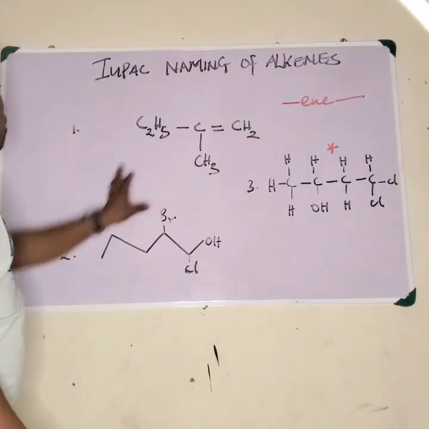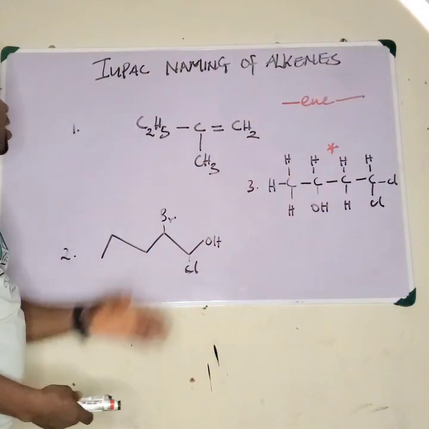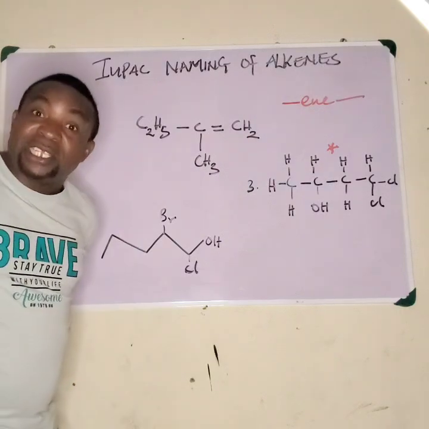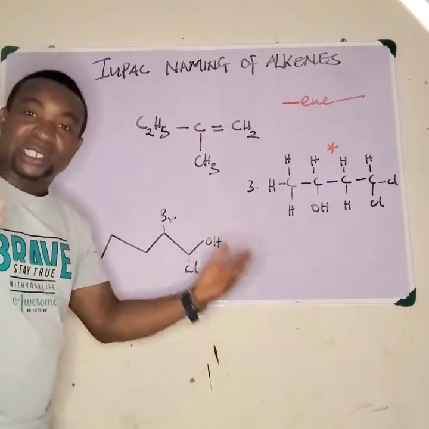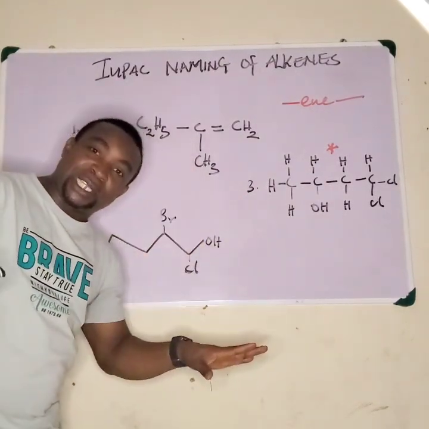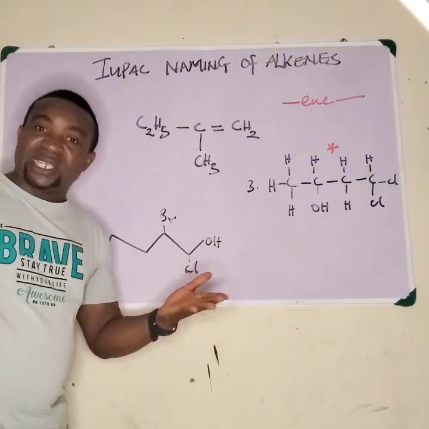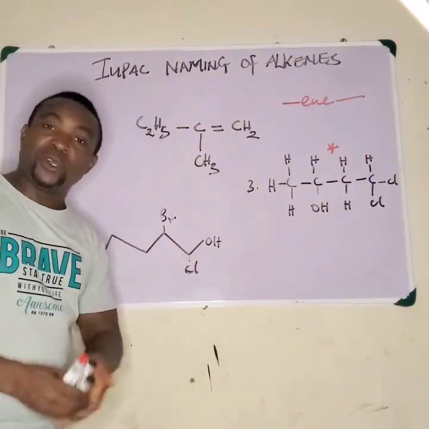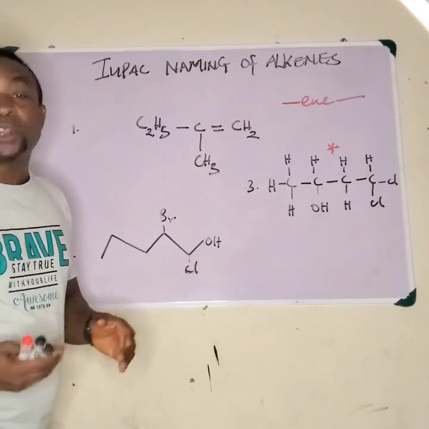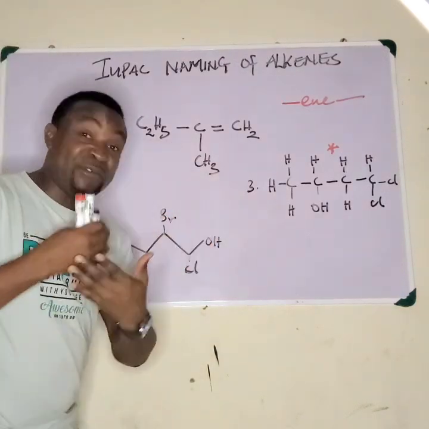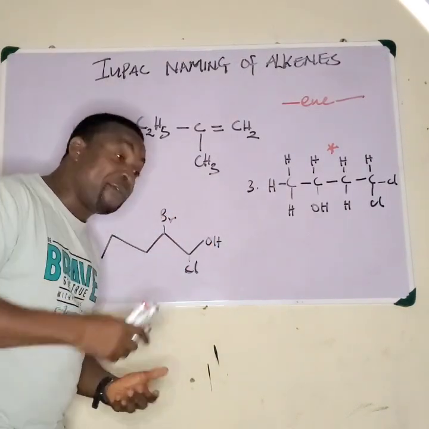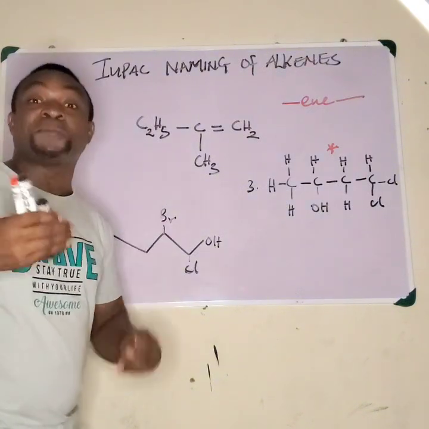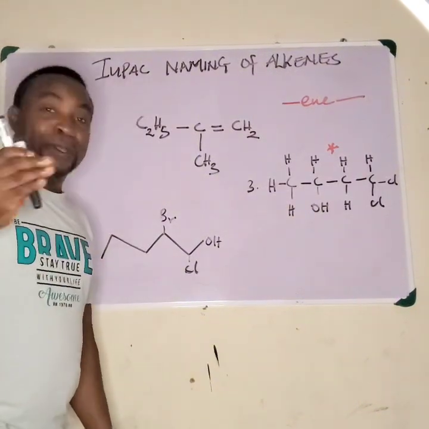So first of all, let's name this. Remember, the first rule is to get the longest carbon chain. Let me just refresh your memory. Get the longest chain, number them, then give priority to the functional group if you have one. But if you do not have a functional group, give priority to the substituents, or the first substituent.